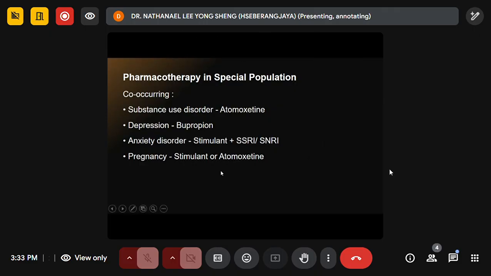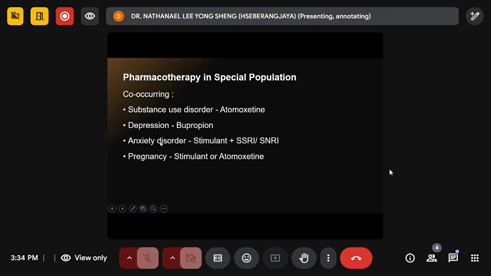So this is the suggestion for the options of medication for each of these special populations. As I mentioned just now, for substance use disorder, usually we will opt for atomoxetine to avoid dependence issues. Whereas for people with depression, we will choose bupropion because it is an antidepressant and it would also help with our ADHD condition.